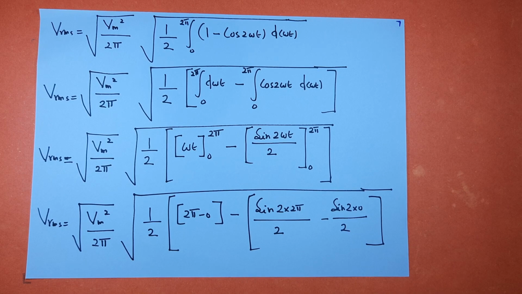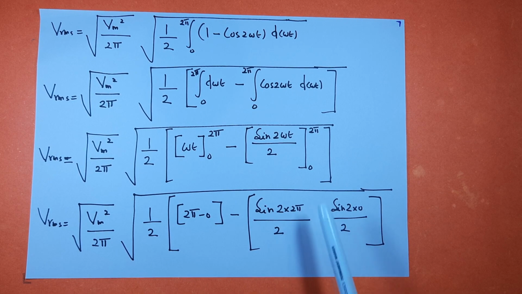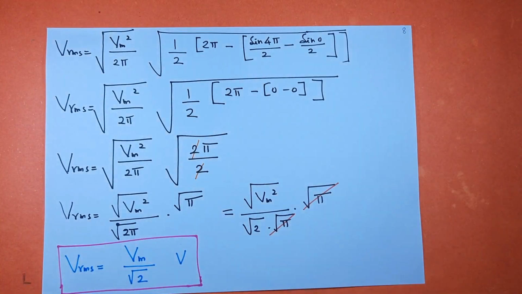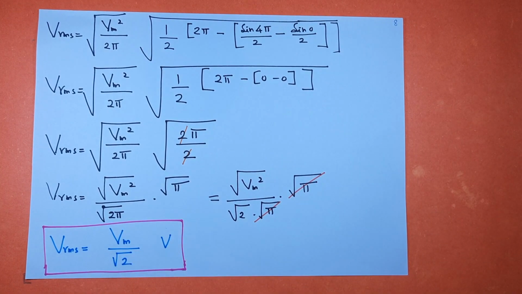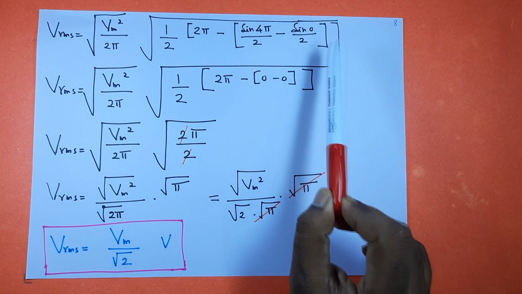Here also minus sin 2 into 2 pi divided by 2, apply the lower limit minus sin 2 into 0 divided by 2. So next we get 2 pi minus sin 4 pi by 2 minus sin 0 divided by 2.